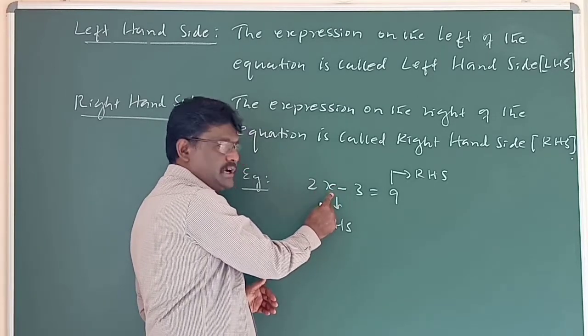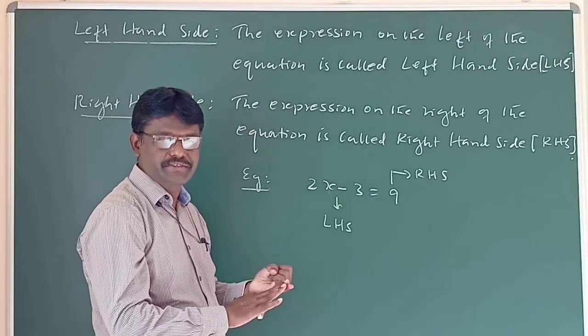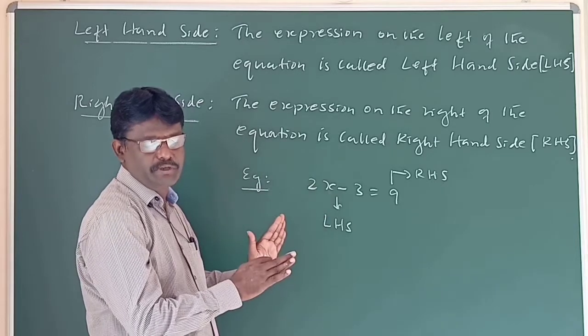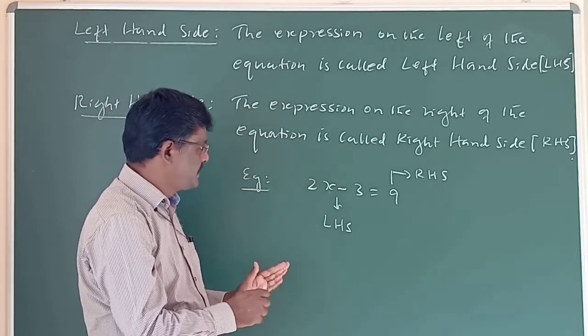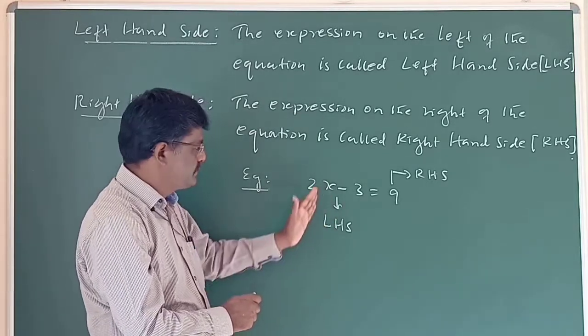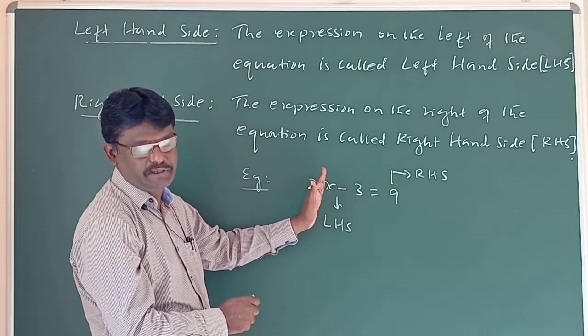An equation of degree 1 we say a linear equation. Degree 1 means the degree of the variable. It is called linear because the graph of this gives a straight line, which I explained in the previous classes.